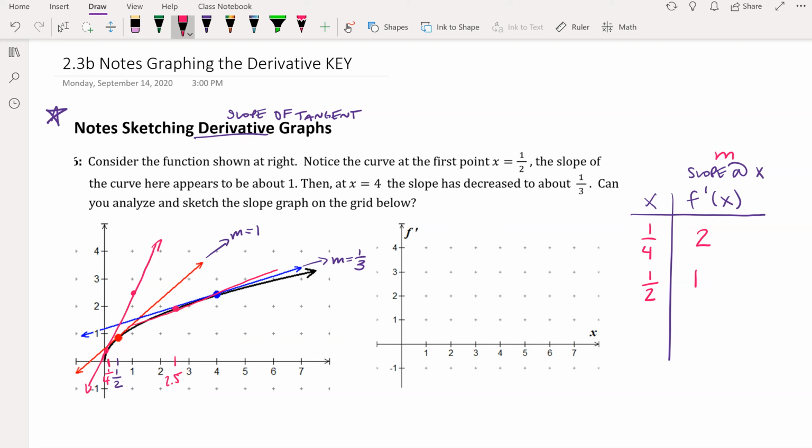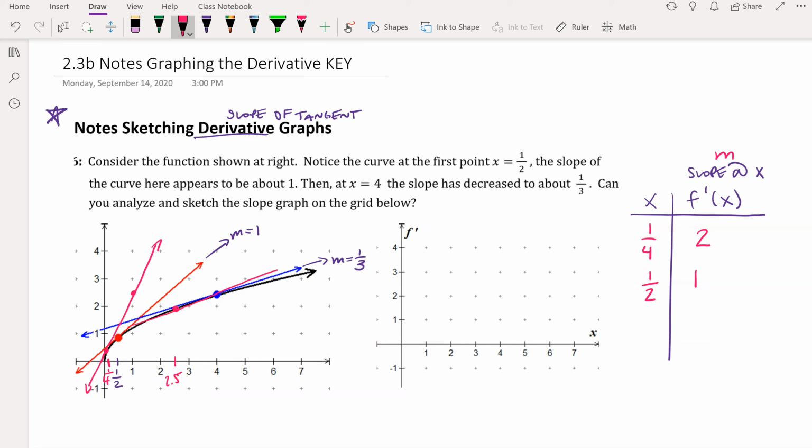At 4, about 1/3. It looks like our derivative graph is going to look something like this. Doesn't have to be perfect, but that was an example of how you could graph the derivative.